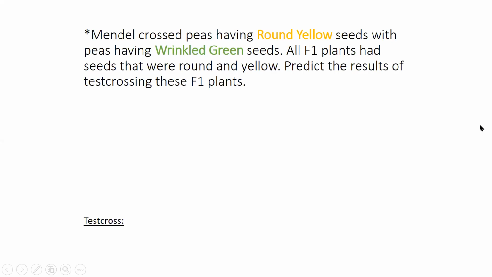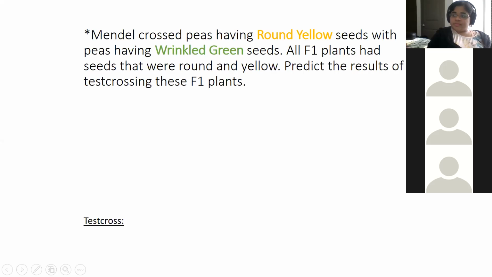Anybody got a clue? So looking at this question, what do we know about the parent peas? One's dominant, the other's recessive, and the offspring are all the same phenotype.